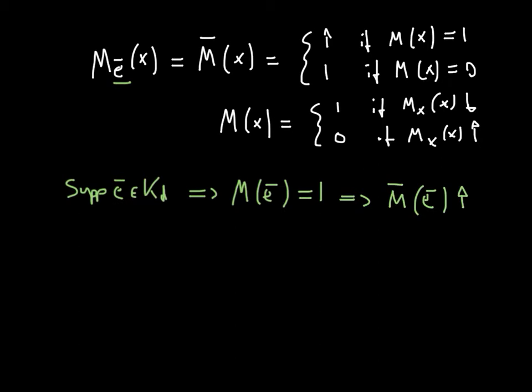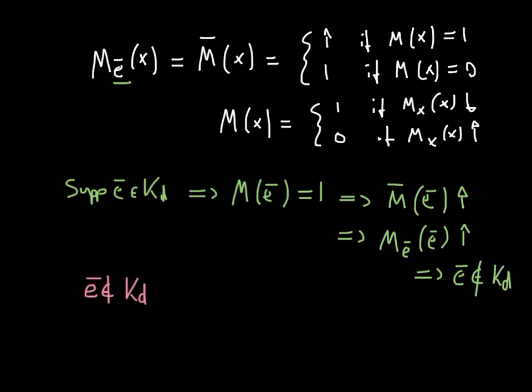And that in turn means that since E bar is the index of m bar, m sub E bar of E bar is undefined, which means that E bar is not in the diagonal halting problem. But this is just the contrary of our assumption, right, that E bar is in KD. So we must have that E bar is not in KD.